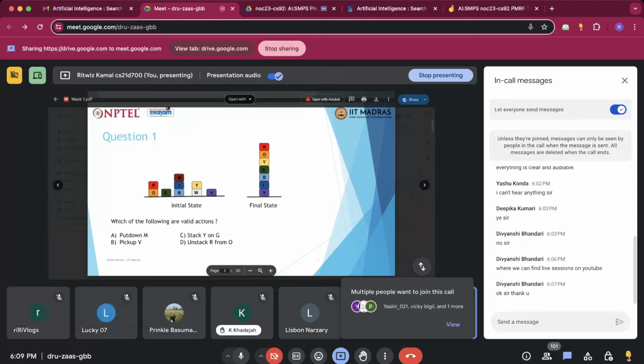So this is the first question in front of you. There are two states given to you, one called the initial state and one the final state. This is one of the classic problems in AI. Imagine there is a robot which has only one hand, and with this one hand the robot can do very specific actions only. It can only pick up one box and put down one box.